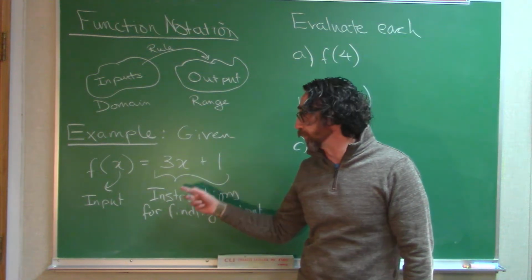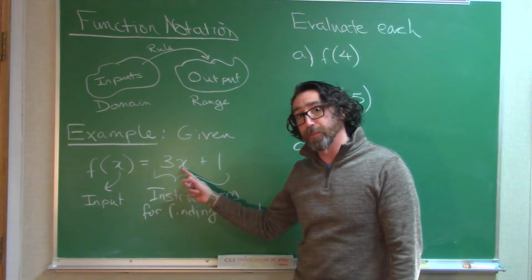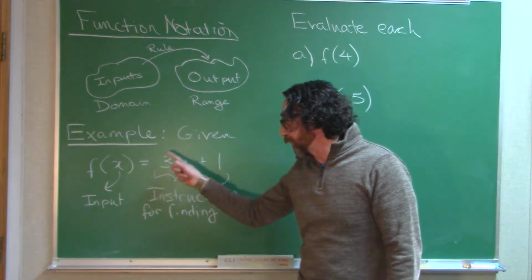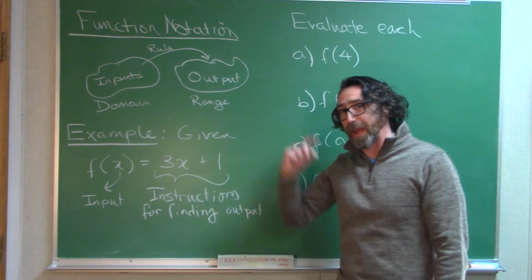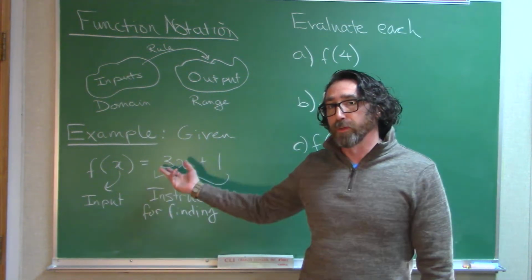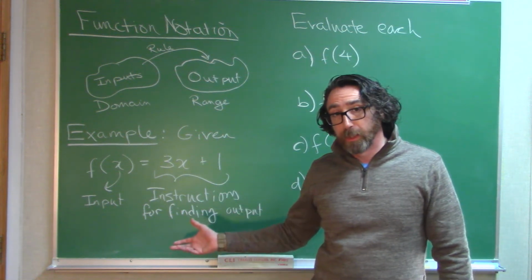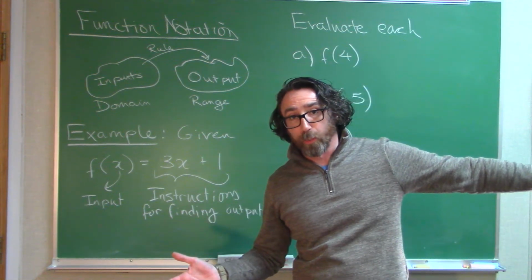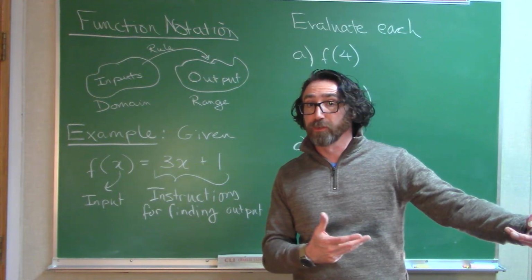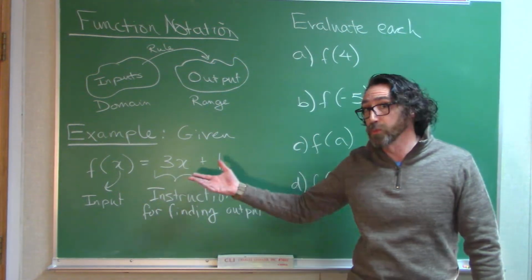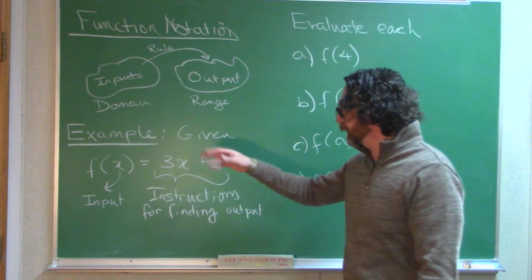This is a pretty simple rule. It says take whatever your input is, your input x, multiply it by 3, then add 1. So there's 2 steps to finding the output for this function. As we progress through our course, we'll see functions that use different rules and use more steps. But let's start out with this.